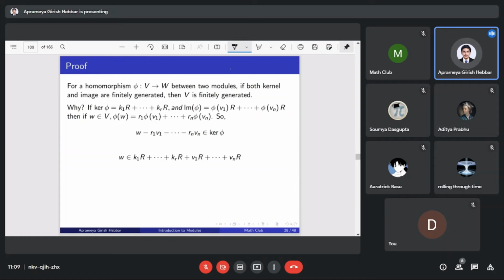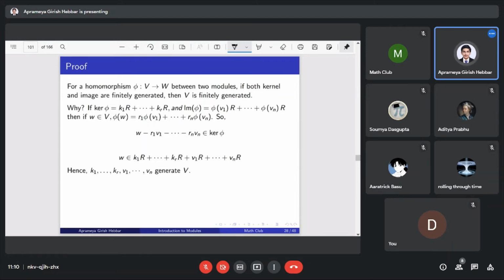Since the kernel of phi was finitely generated by elements k1 up to kr, you can write this as k1 r1' plus up to kr rr'. I am using the same notation over and over. So that means that w belongs to k1 R plus k2 R up to kr R and v1 R plus v2 R up to vn R.